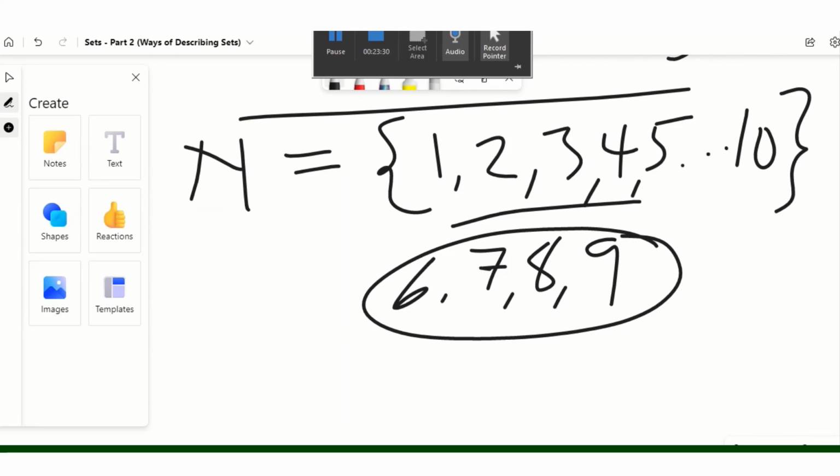Now the question is, how do we express this using the set builder notation? Now remember, we've already discussed the third method. So we can write this using the set builder notation as what?